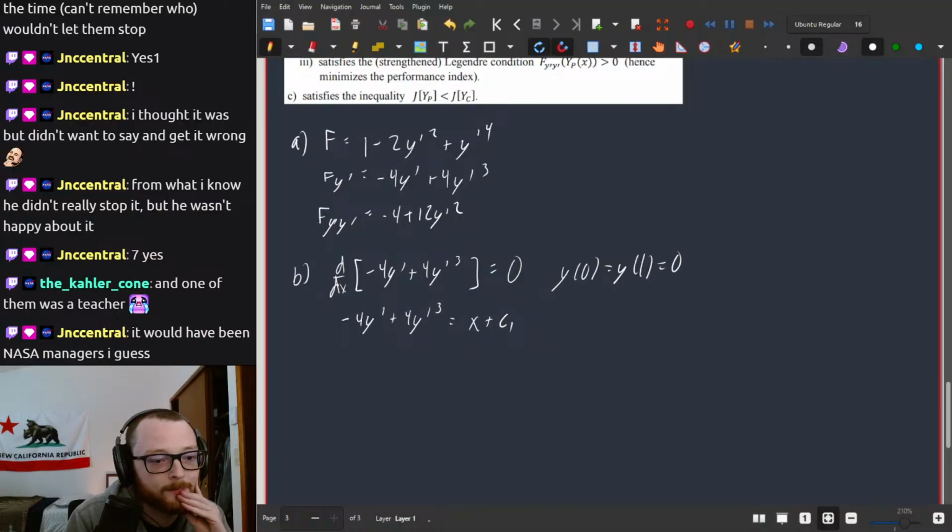How do I solve this? Okay, maybe I should look at the notes. Where do we do this linear thing in class?